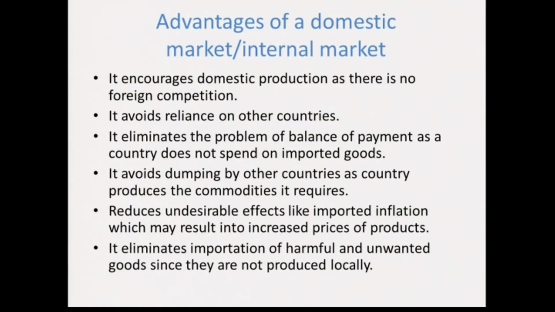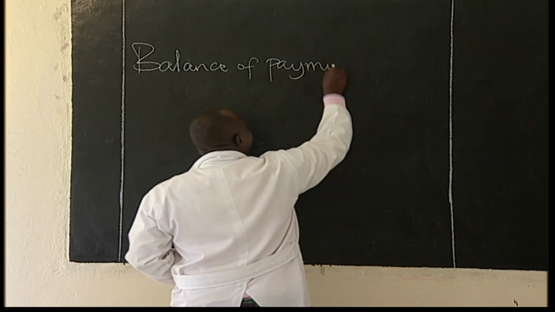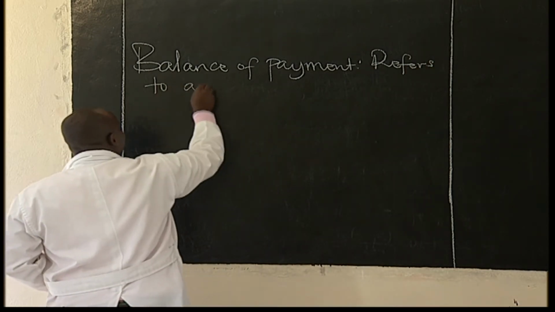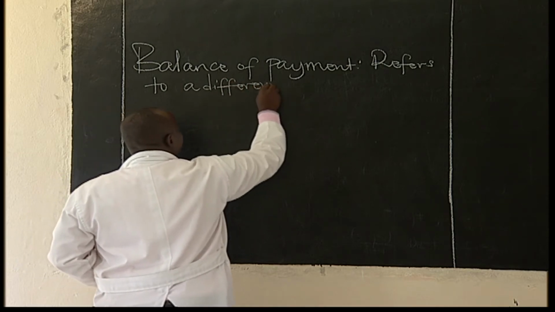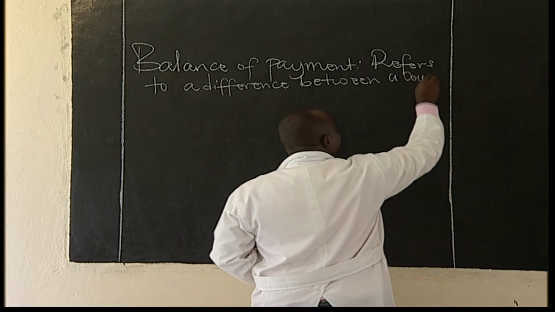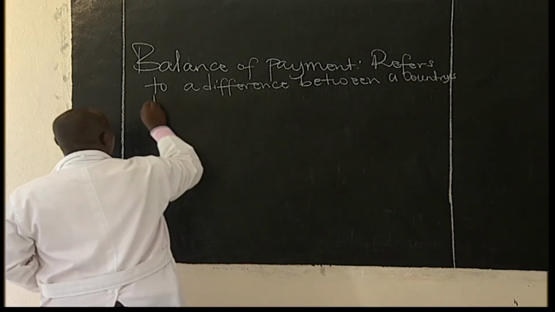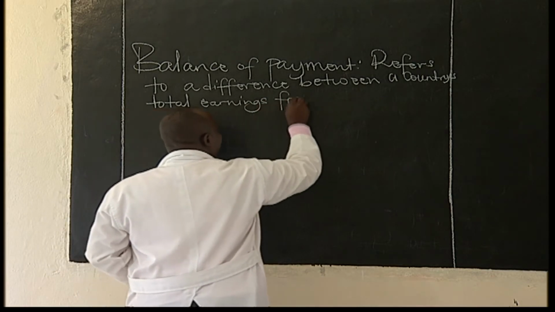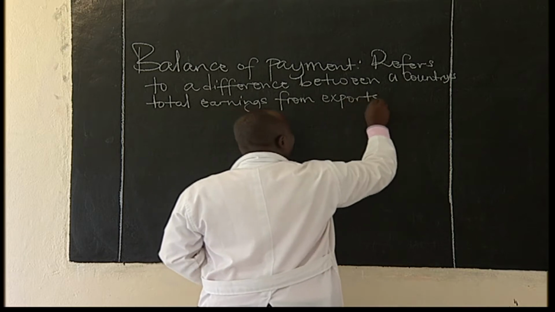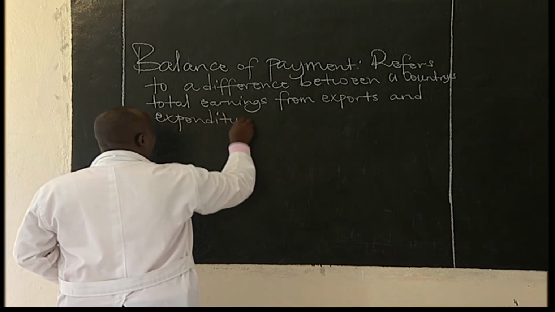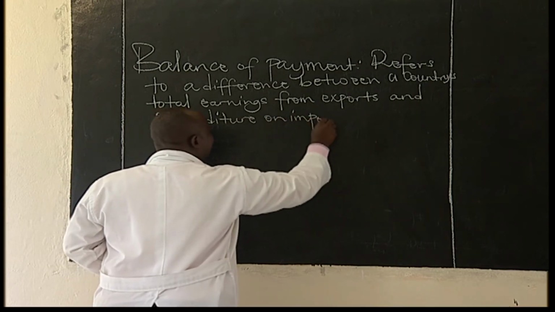Balance of payment refers to a difference between a country's total earnings from exports and expenditure on imports. That is what we call balance of payment.